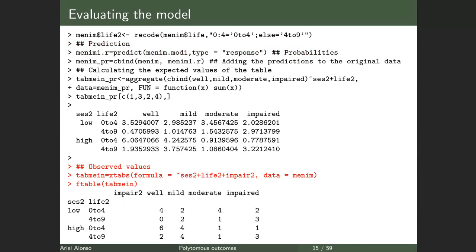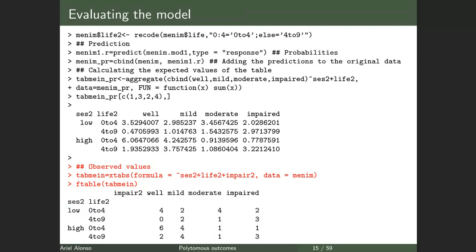For instance, for people with low socioeconomic status and between 0 and 4 life events, we have 4 individuals that were doing well, 2 individuals that had mild symptoms, 4 individuals that had moderate symptoms, and 2 individuals that were impaired. That's the observed data.